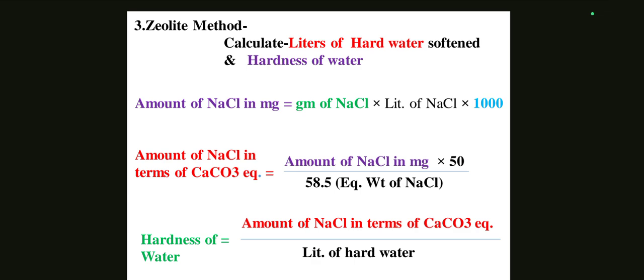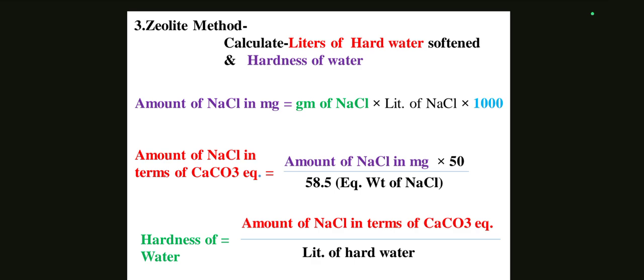Now second formula, amount of NaCl. See, in the first one we found out the amount of NaCl, and in the second one also we are finding the amount of NaCl, but there is a difference. In the first one you found out the amount of NaCl in milligram, and in the second formula you are going to find the amount of NaCl in terms of CaCO3 equivalent.